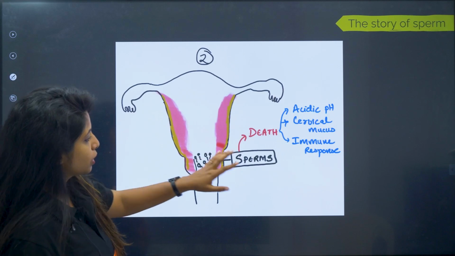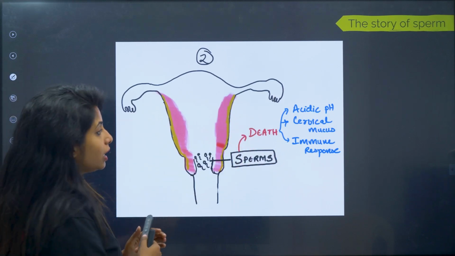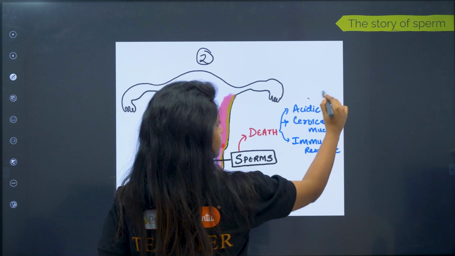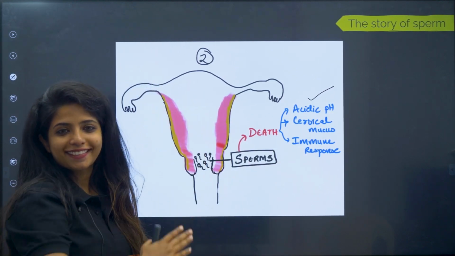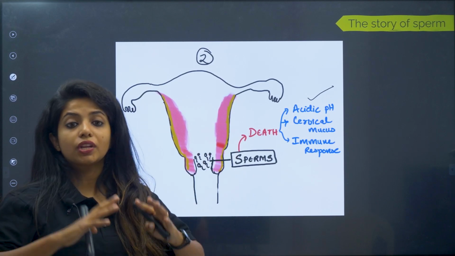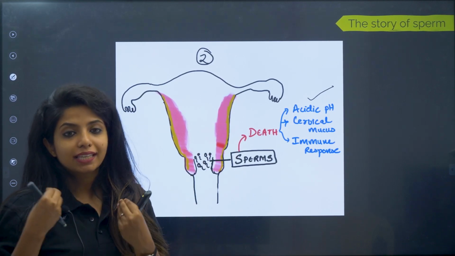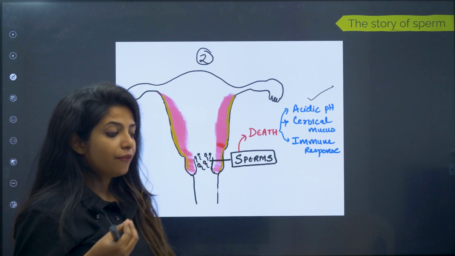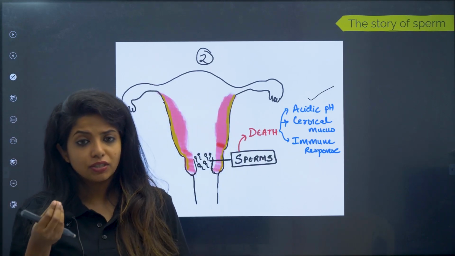So basically, sperms die, and there are 3 different reasons for the sperm deaths. First, the cervical region or vaginal region is acidic in nature. Why does the female genital tract have an acidic nature?